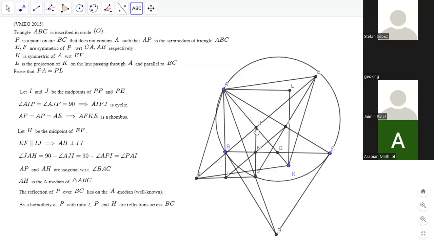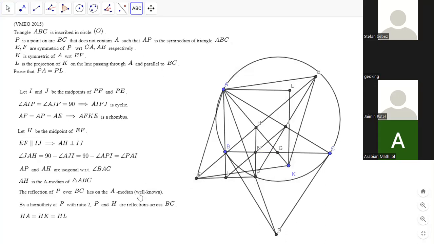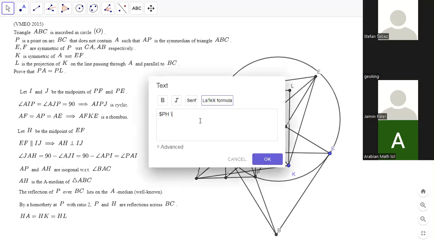So HA equals HK equals HL. So since PH is perpendicular to BC, then by symmetry, PA equals PL.